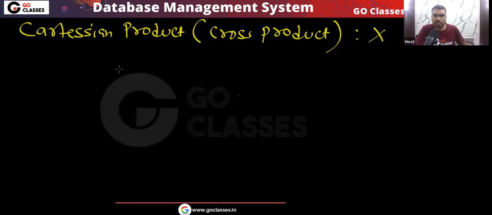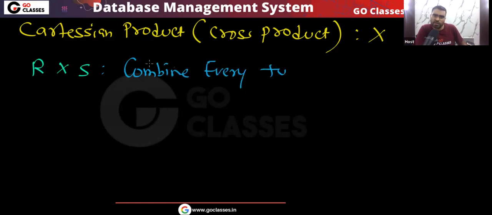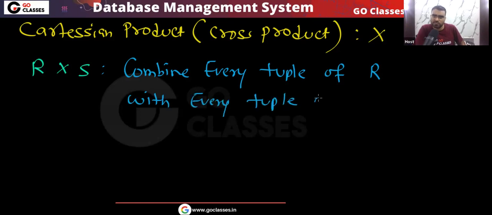Remember, if you have R cross S, this simply means every tuple of R combines with every tuple of S. Very simple. Combine every tuple of R with every tuple of S. Simple, yes or no?